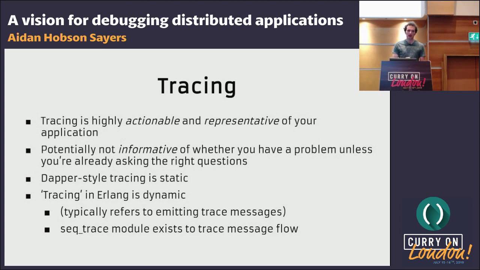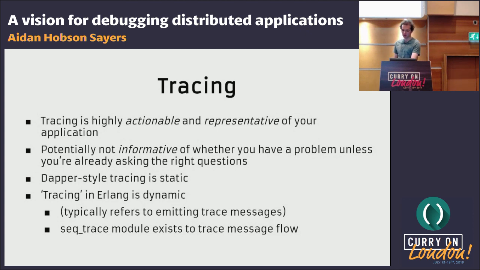That said, there is the sec_trace module, which allows you to follow the effect of messages through the system, which, while potentially not as application specific and targeted as Dapper style, will provide similar functionality.